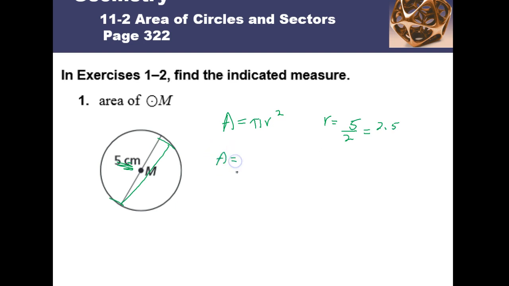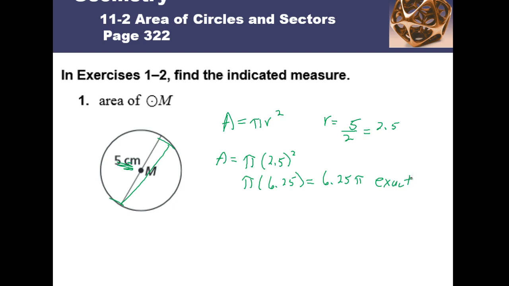And we're going to give an exact answer and round it to the nearest tenth. So it's going to be pi times 2.5 squared. And I believe that 2.5 squared is 6.25. So I should get 6.25 pi for my exact answer.